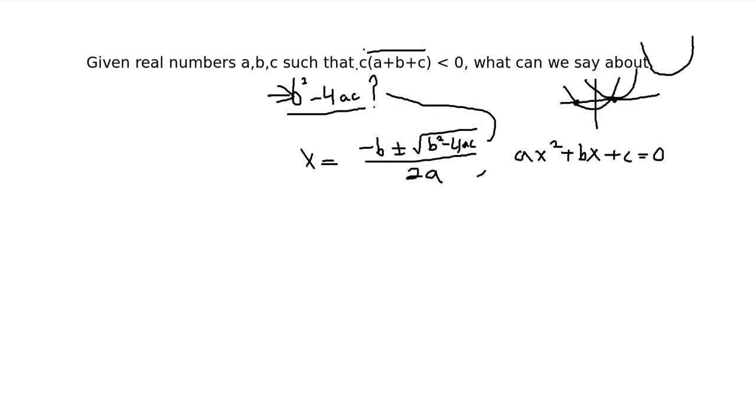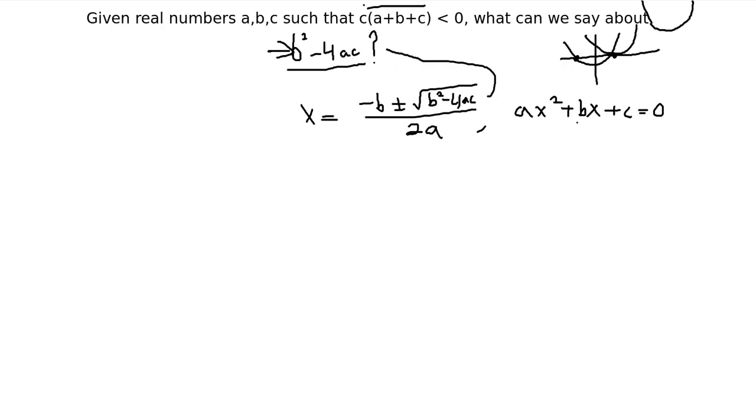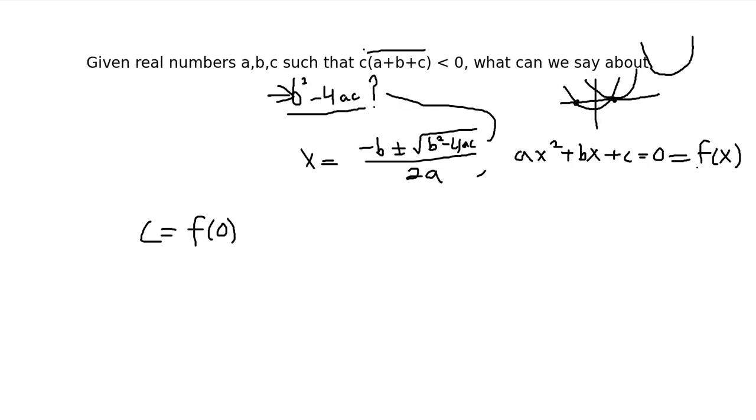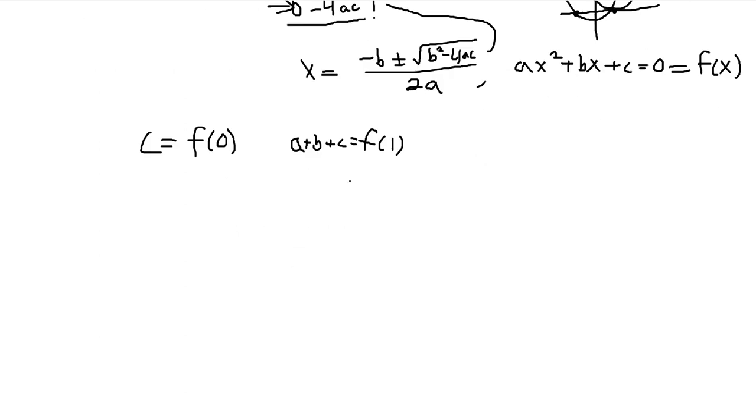And if we do a little more pondering, we can see that if I let this quadratic equal f of x, then c is just f of 0, and a plus b plus c is f of 1. So we know that f of 0 times f of 1 is less than 0.